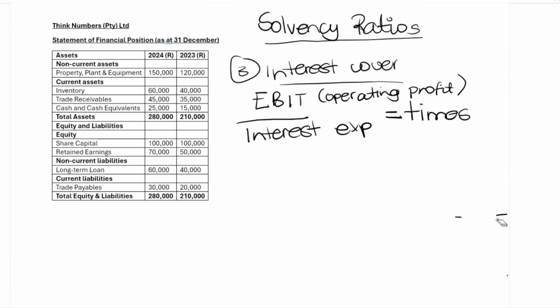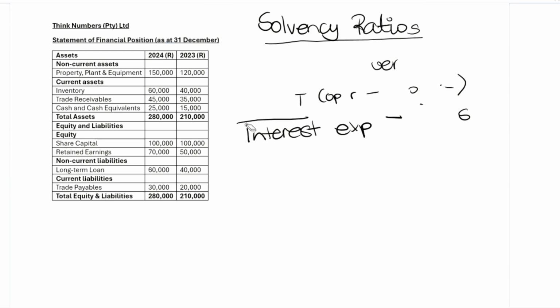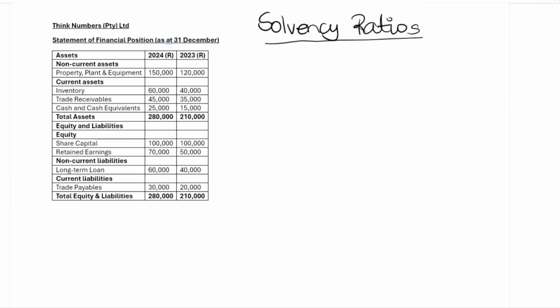Okay, the next ratio, also under our solvency ratios and the last one we'll do in this section, is our equity ratio. So number 4 is our equity ratio.